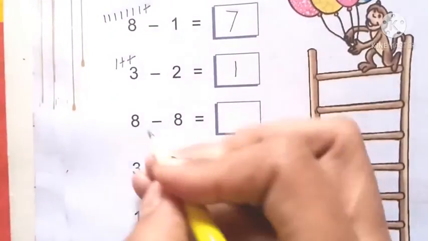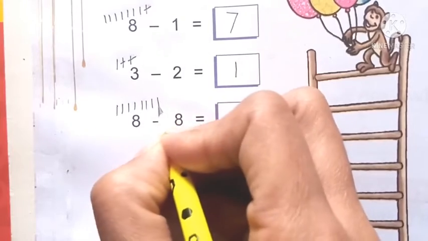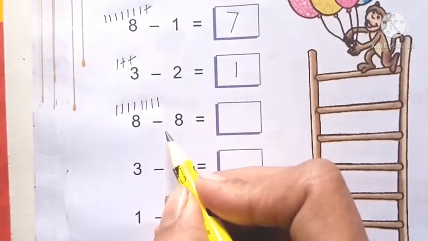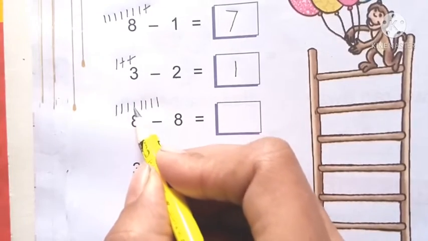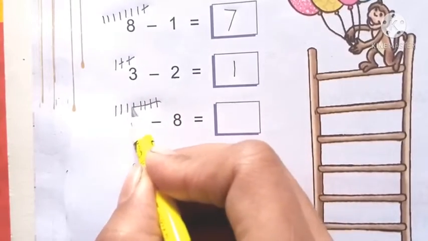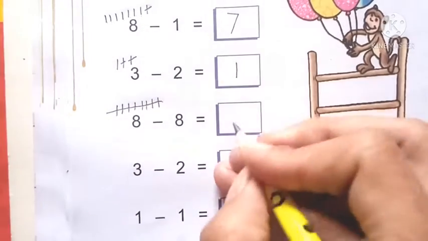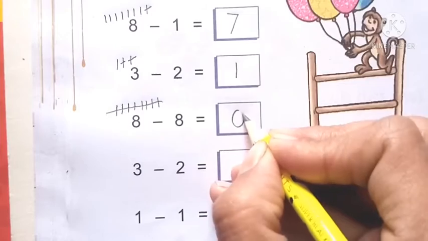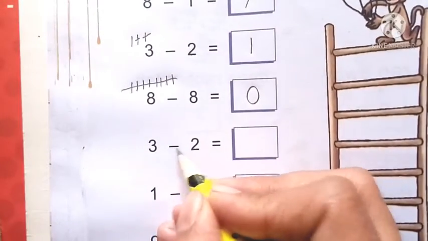Now 8. We draw 8 lines and we will cut 8 lines. How many are left? Nothing is left. We will write here 0. 3 minus 2.